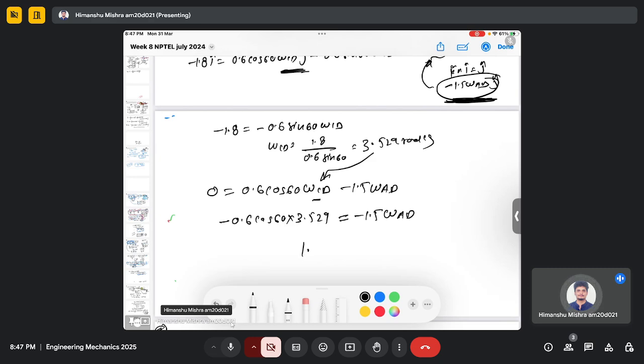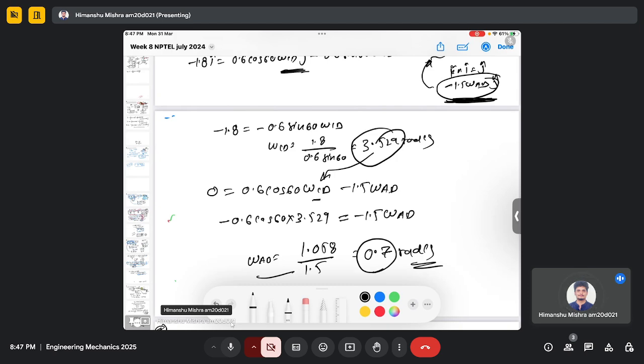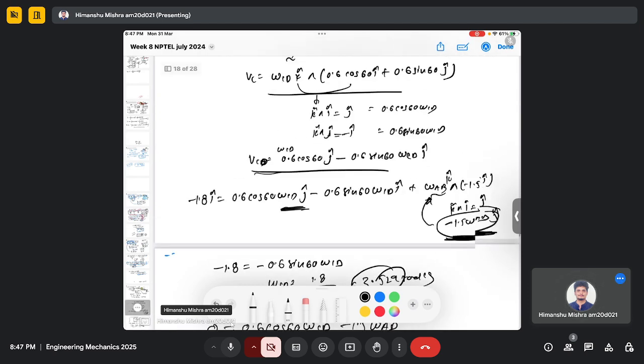So this will be 1.058 divided by 1.5 equals omega BC. So this will be 0.7 rad per second. So here you find both omega BC, which is 0.7, and omega CD, which is 3.529 rad per second.